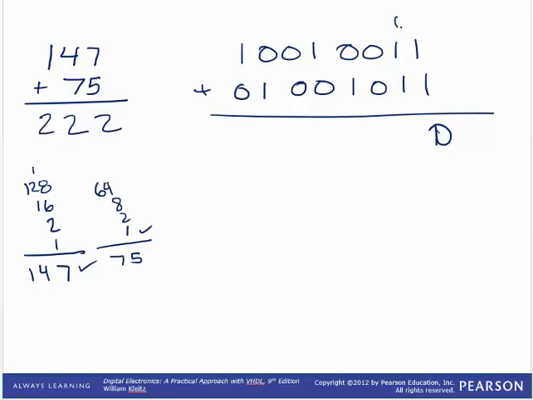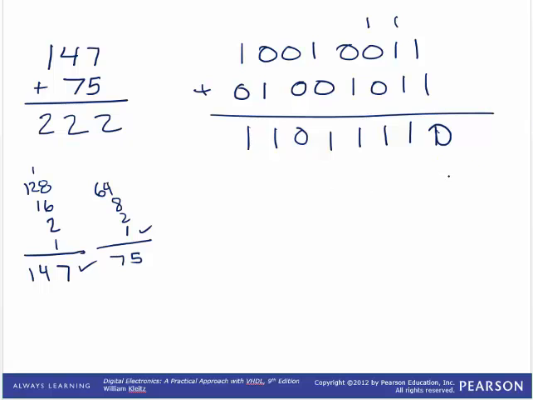And 3 is 1, 1. So 1, 1, there's my carry, and there's my 1. And then I bring it down. That's a 1. 1 plus 0 is 1. 1 plus 0 is 1. 0 plus 0 is 0. 0 plus 1 is 1. And 1, 1. That's the answer.